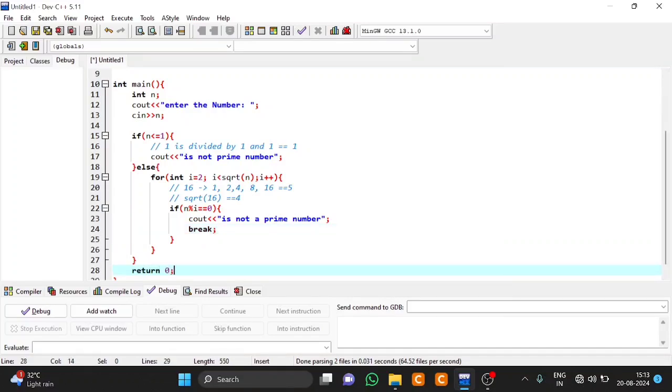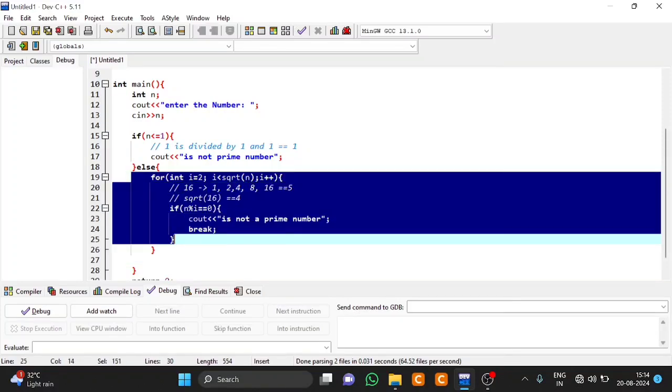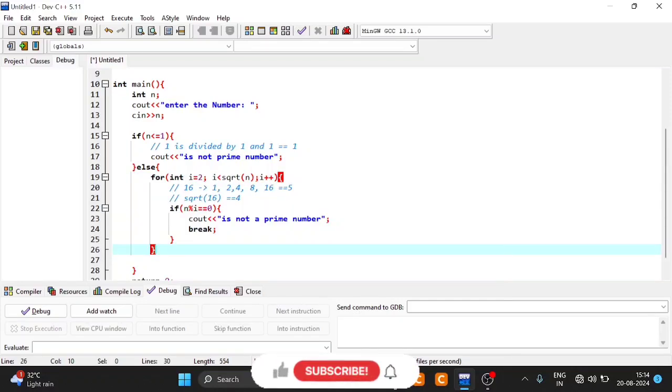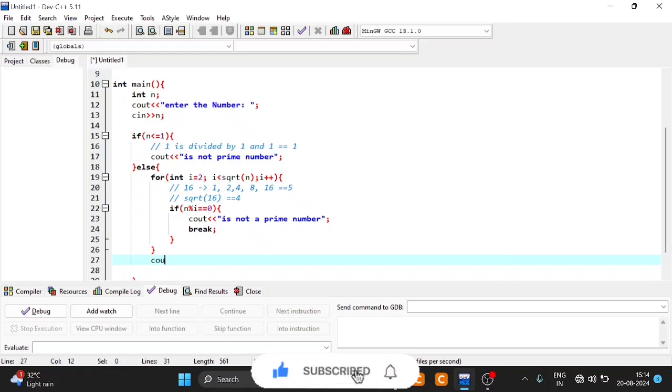We terminate the program. Otherwise, if n is not divisible by any number, the loop runs up to the square root of n, then comes out of the loop, and we print cout "is a prime number".